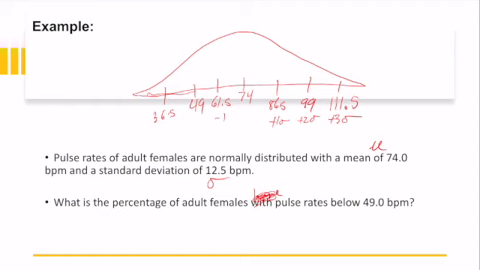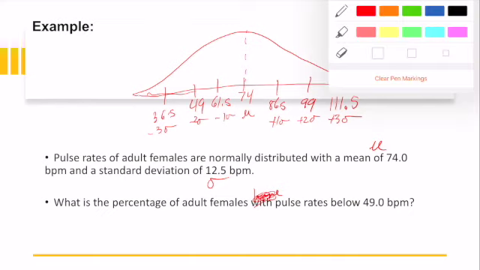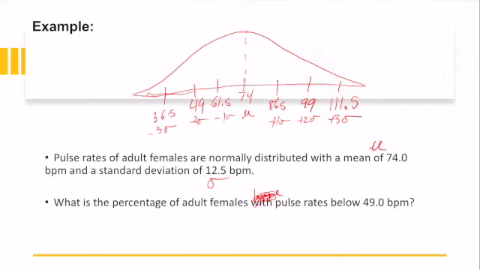Yes. Okay, so those are my standard deviations for data less than the mean, so to the left, because here's our mean, right? And I want to know what percentage of adult females have pulse rates below 49 beats per minute. Well, 49 marks our second standard deviation, so I want to find the area over here.